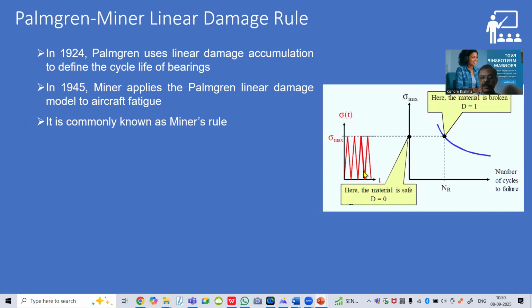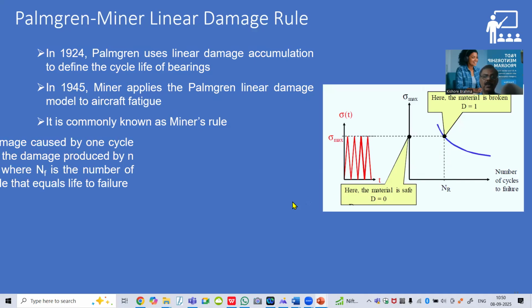If you apply a specific stress amplitude at a given stress ratio, at one cycle there will not be damage, but if it is repeated continuously for a certain number of cycles, say NR, where failure will occur into two pieces, then damage is equal to 1.